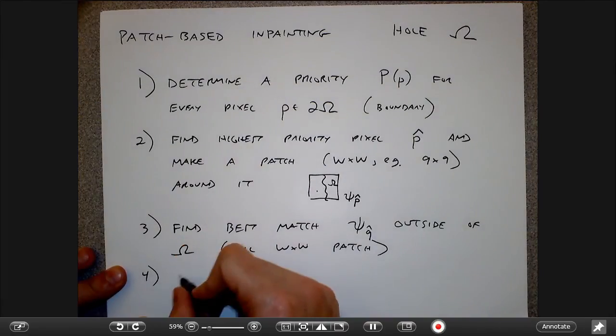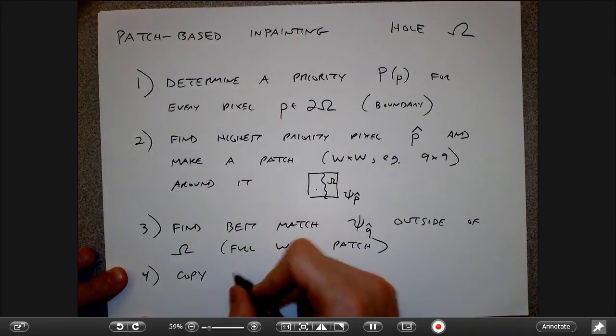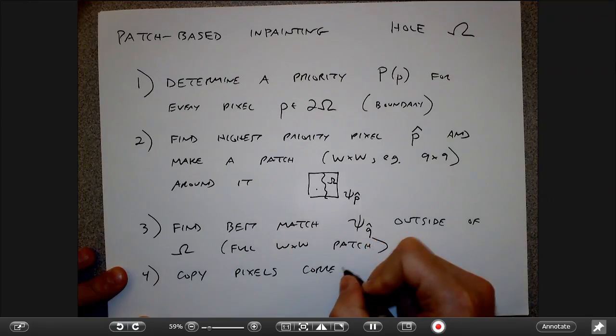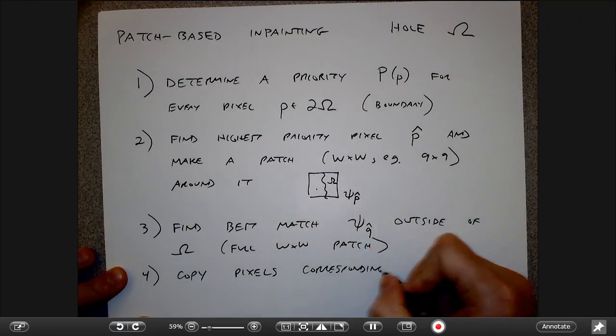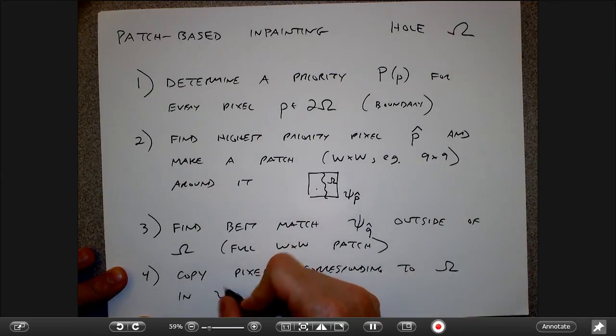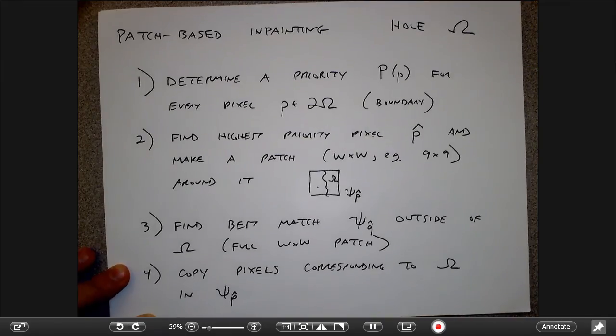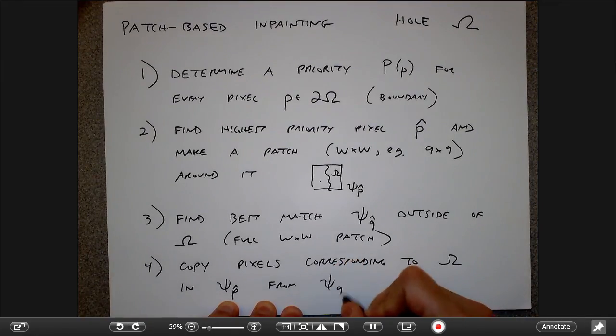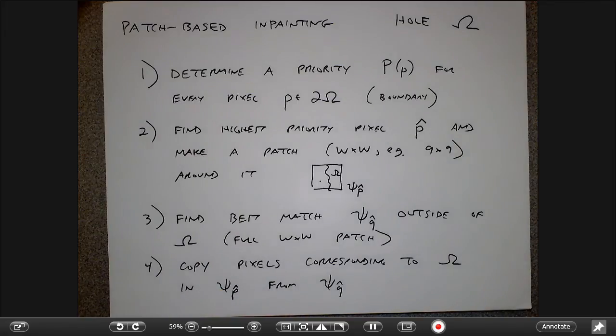And then I basically copy the pixels corresponding to the hole in the patch on the boundary from the patch that I found that matches up the best, right?